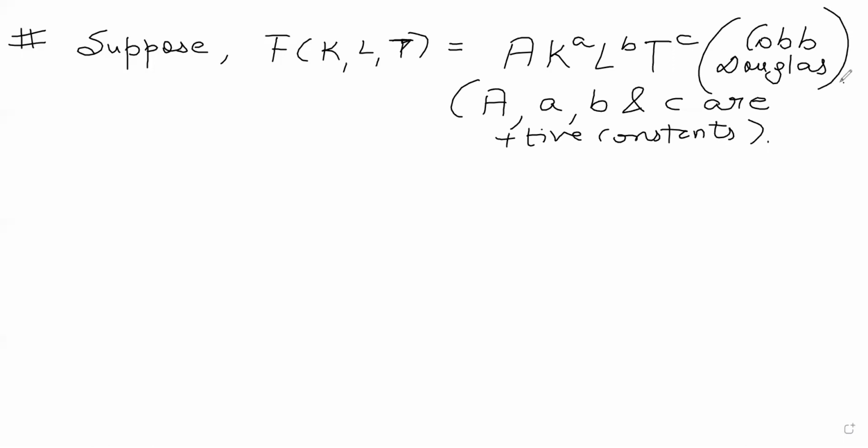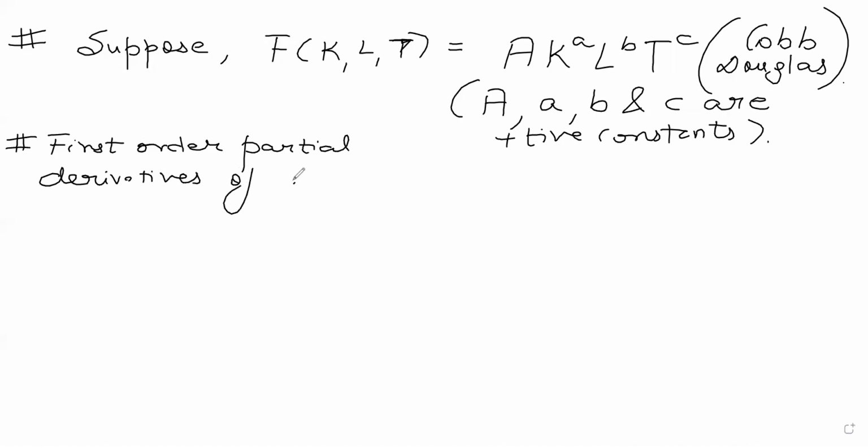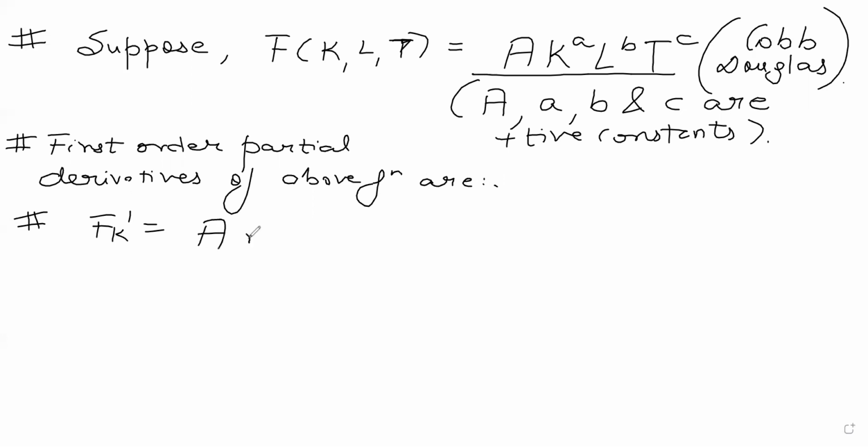I can quickly find out all the first order partial derivatives of the above function. fk dash is nothing but, if I partially differentiate this function with respect to k, capital A, small a, k to the power a minus 1, l to the power b, t to the power c.